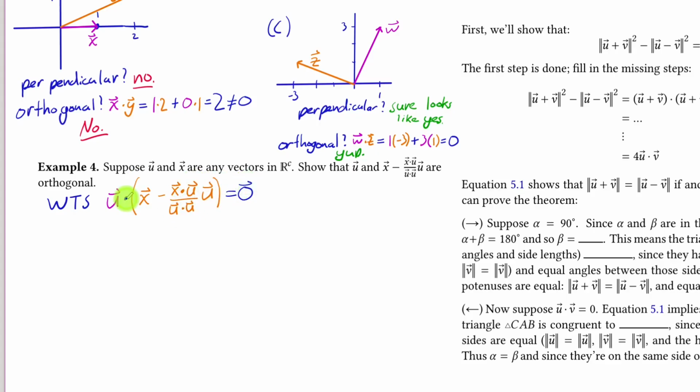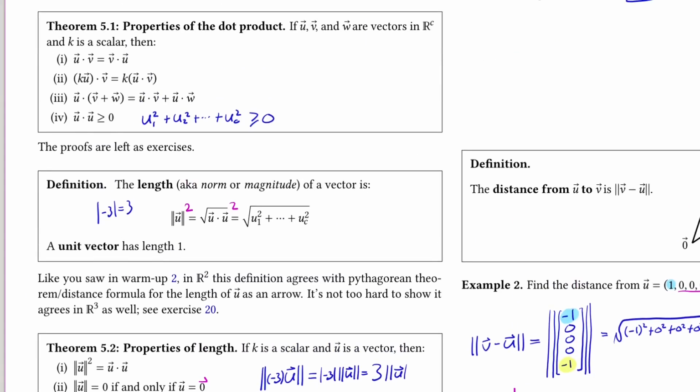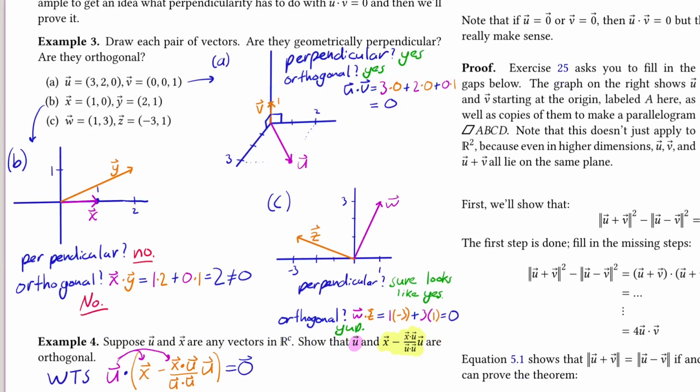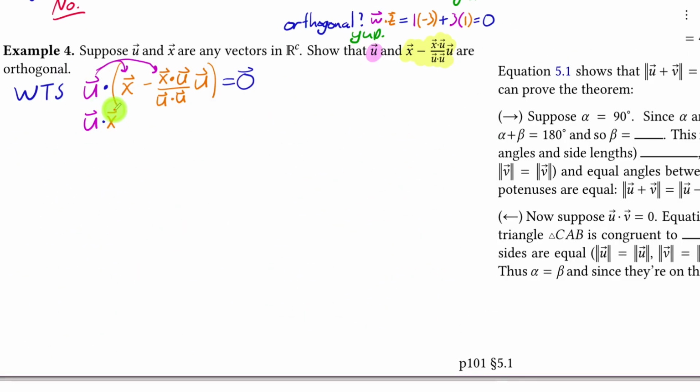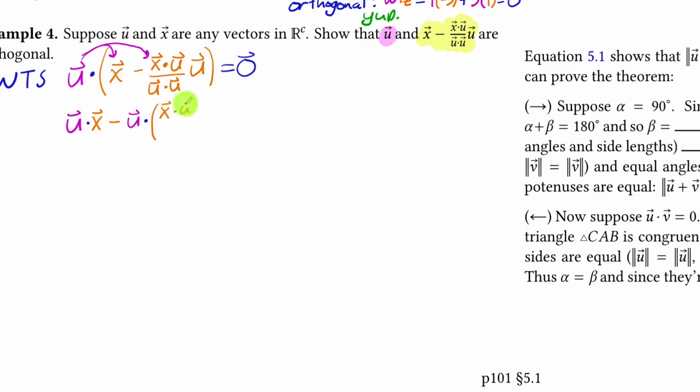So our goal is to show that this dot product is 0, and if we can, that means these two vectors are orthogonal. The first thing we can do is use a distributive rule that we have here. Write this as u dot x minus u dot the scalar multiple of u.